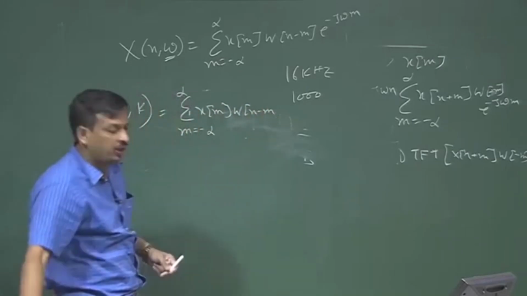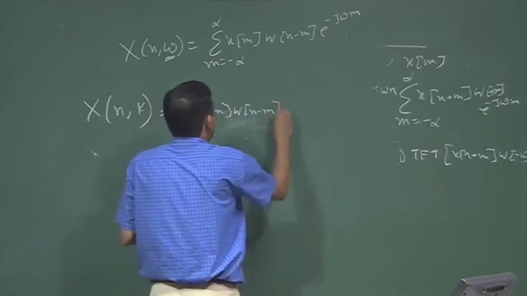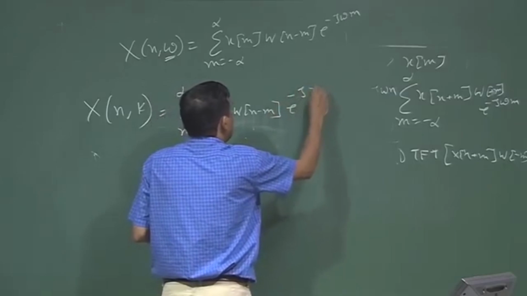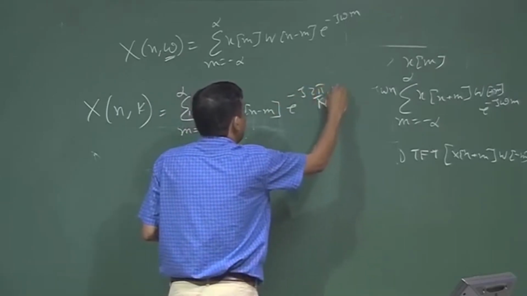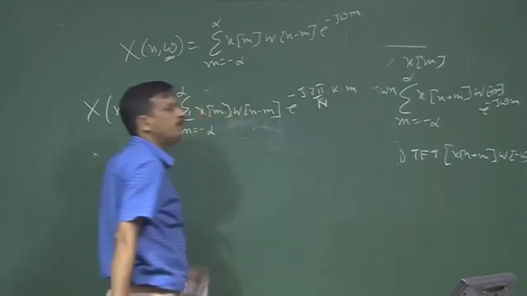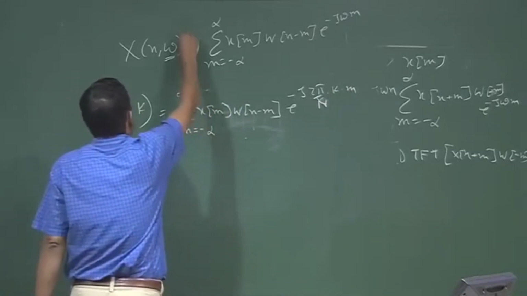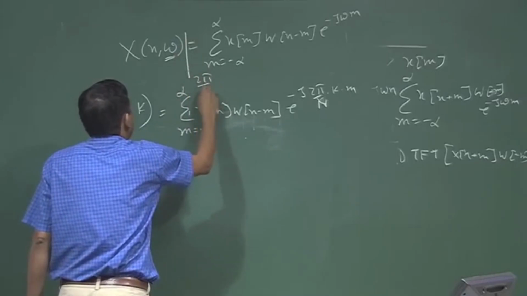So, instead of continuous omega, I have divided the omega in terms of 2 pi by N times k, e to the power minus j 2 pi by N into k into m. That means this omega has been divided into 2 pi by N.